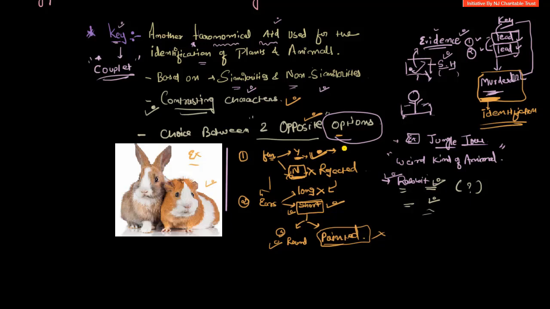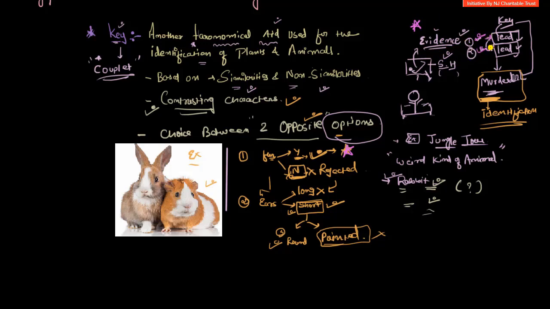Now connect this, let me use another heavy kind of color, with the first example I gave you about the evidence. In the CID show, what they were doing was collecting all the things they had there.